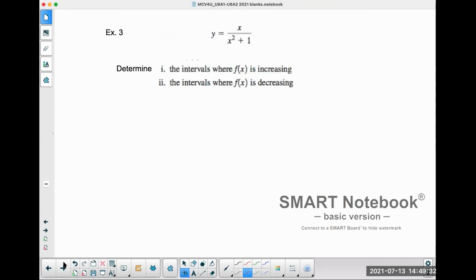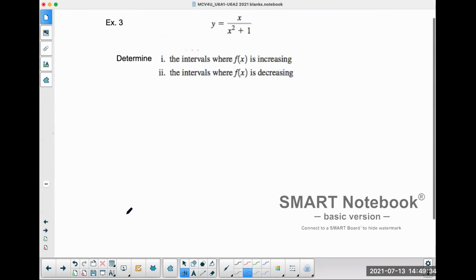Okay, let me try one more and make it a harder function. Now we have a rational function, so it's a bit more work. Same 3 steps. Step number 1 is a little harder, but the steps do not change. First step, what we do is we need to find y prime. And I hope you recognize this is u divided by v.